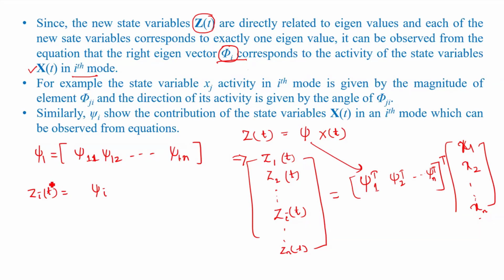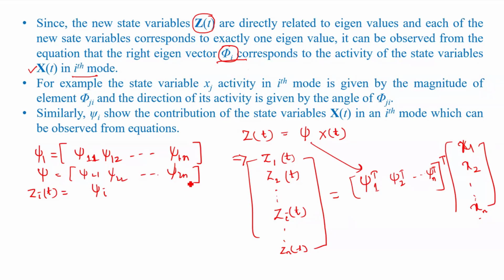This is a row vector, and similarly your psi_2 also like that, psi_21, psi_22 dotted up to psi_2n, right?